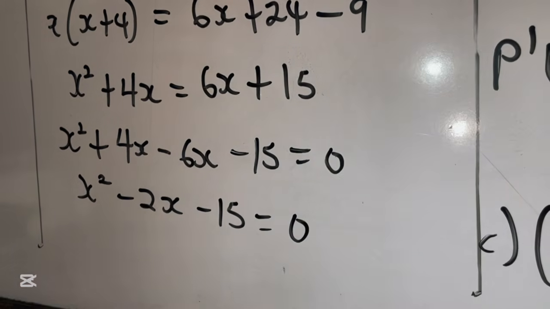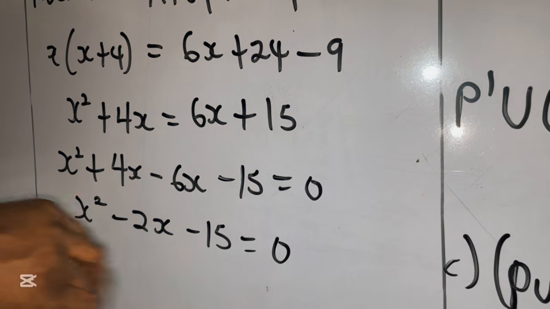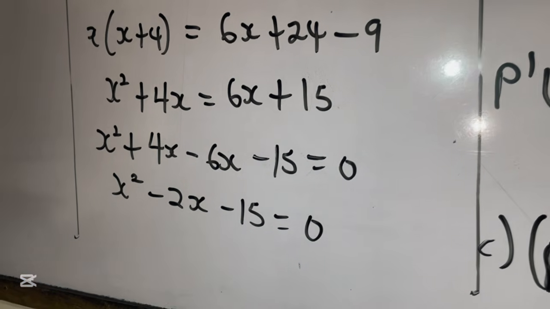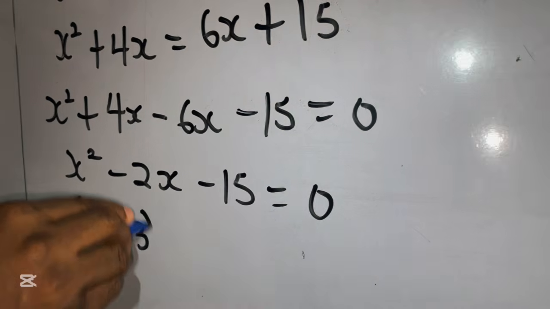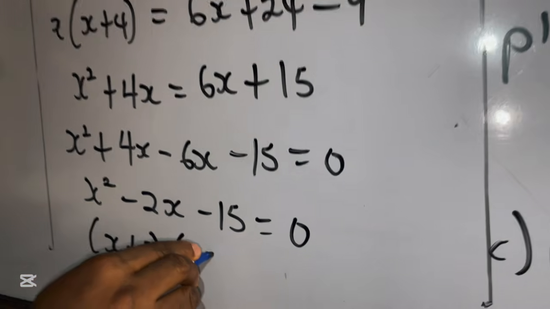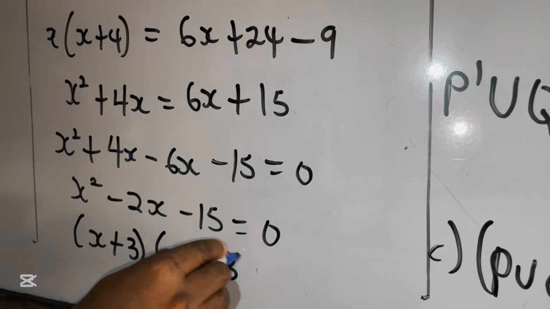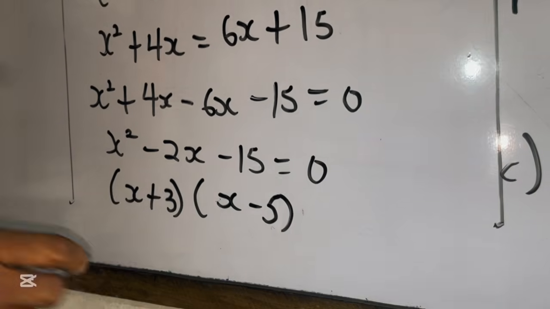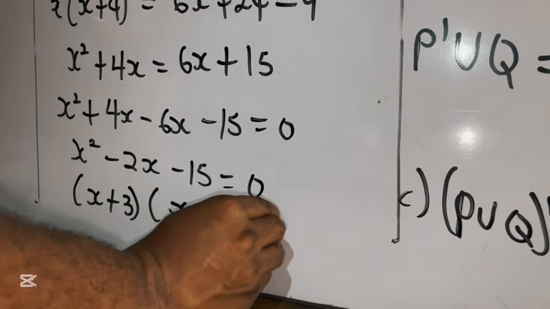So we are going to look for two numbers that if I multiply, give me minus 15, and if I add, give me minus 2. So we have x plus 3, x minus 5, sorry, because the two numbers are going to be 3 and minus 5, which is equal to 0.